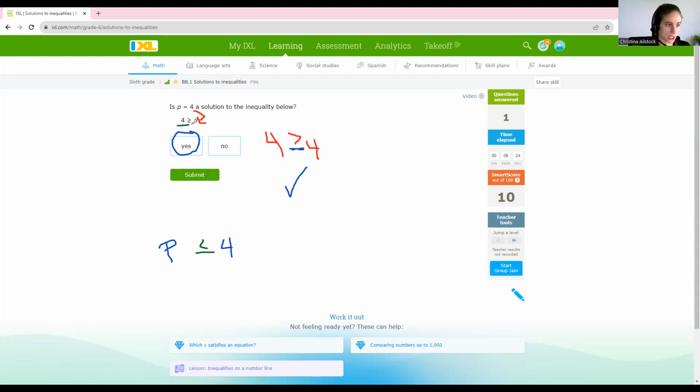So in the first example here, it's opening towards the 4. It's eating the 4. It's eating the greater side. So if you flip it around, that's why we have to also flip the inequality around, because it still needs to be opening towards the 4 and eating that 4. So now it would be read as P is less than or equal to 4. And on some problems, that may make it a little bit easier for you to pick the right answer.